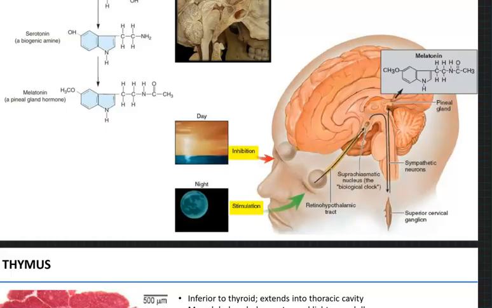Also, did I already shit on vitamins? Yeah. This is one of the very, very few dietary supplements that actually works. It helps you to synchronize your sleep-wake cycles, say after jet lag or when you pull an all-nighter, something like that.